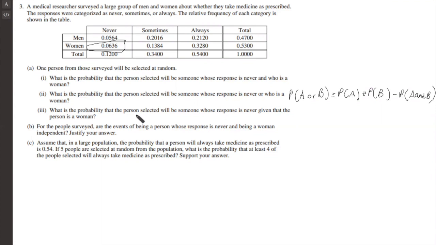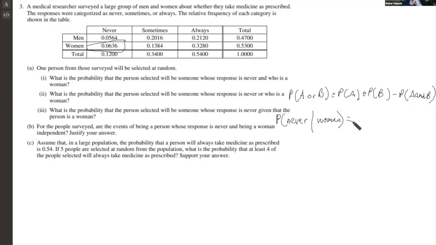What is the probability that the person selected will be someone whose response is never, given that the person is a woman? Okay, so we want the probability of never, and that's a sign for given, that the person is a woman.